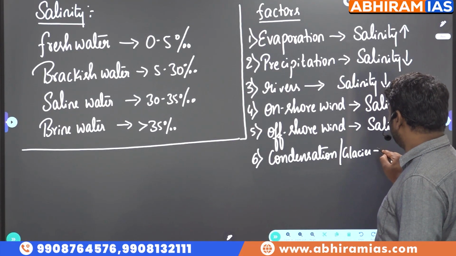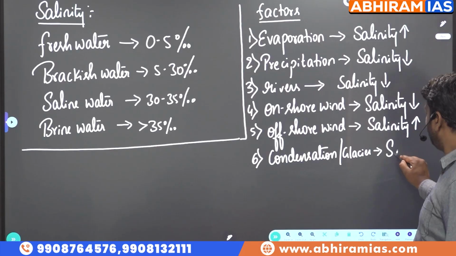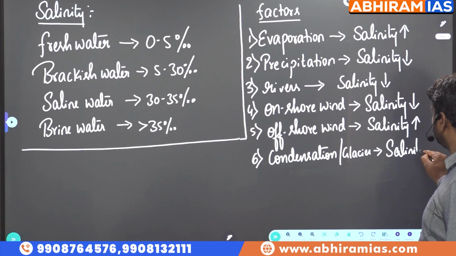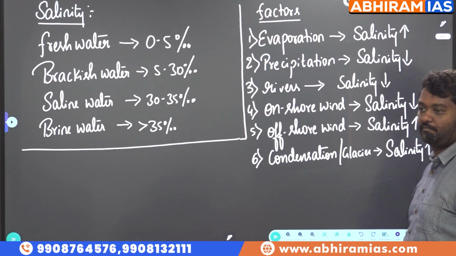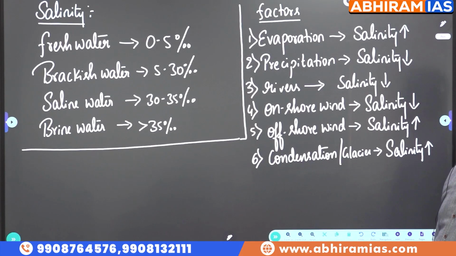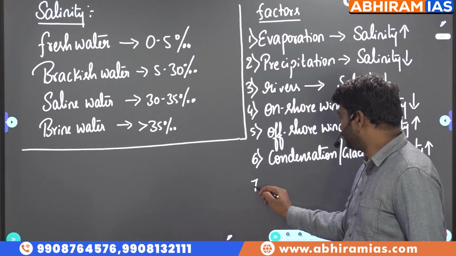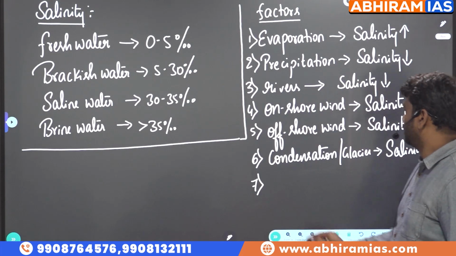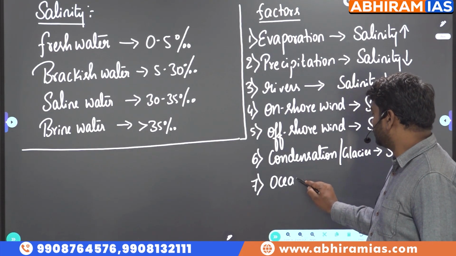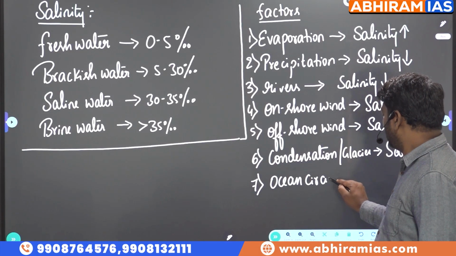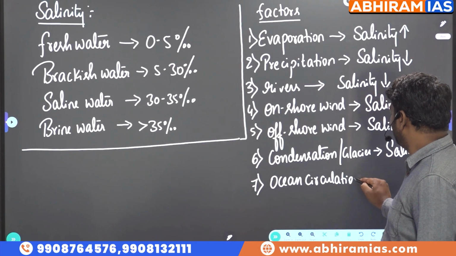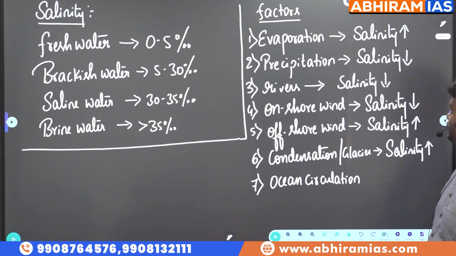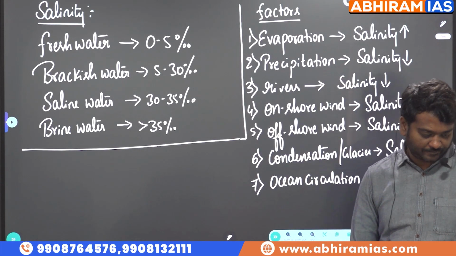In the remaining water, salinity increases, not in the glacier. Last, ocean circulation. This helps in movement of salinity from one place to another. These are all the factors of salinity.